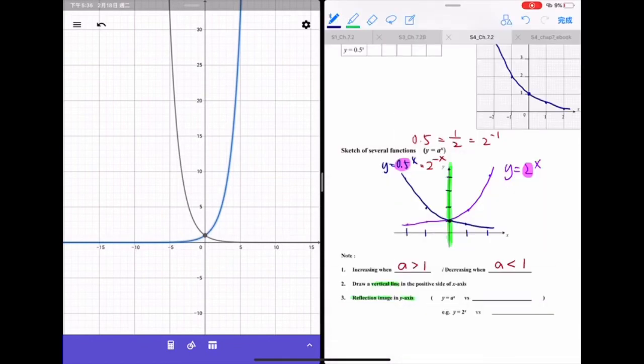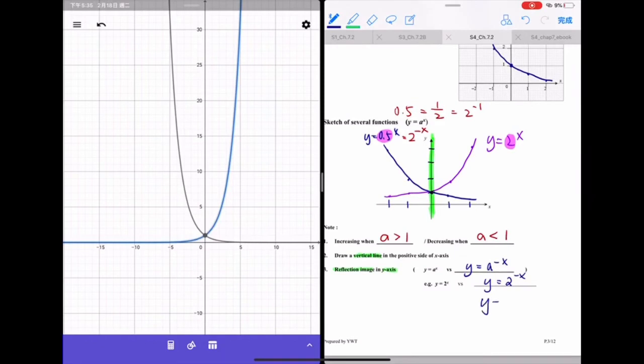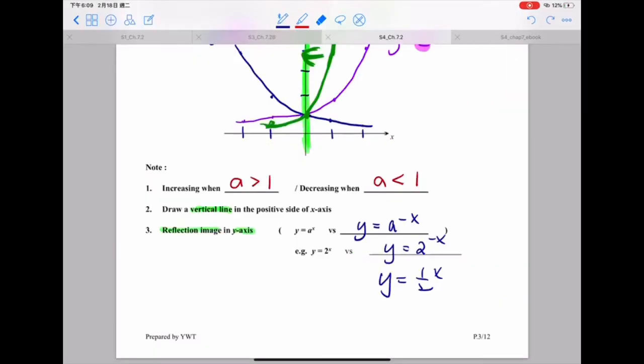As I explained, they are interrelated with each other, so they are symmetrical with each other.